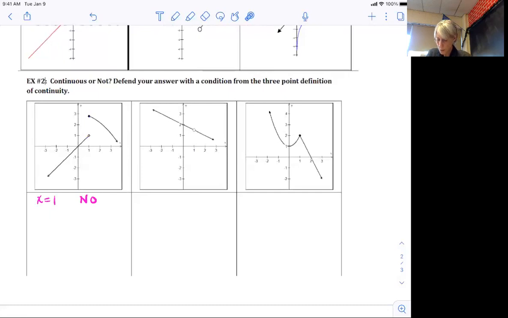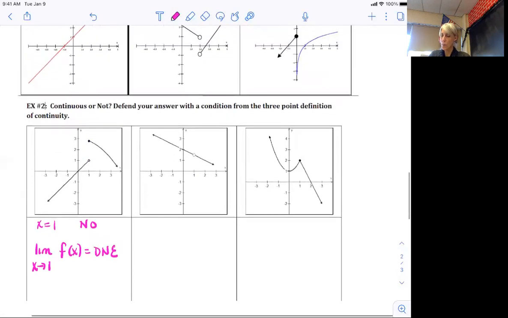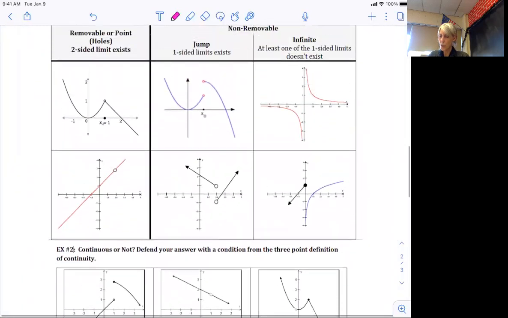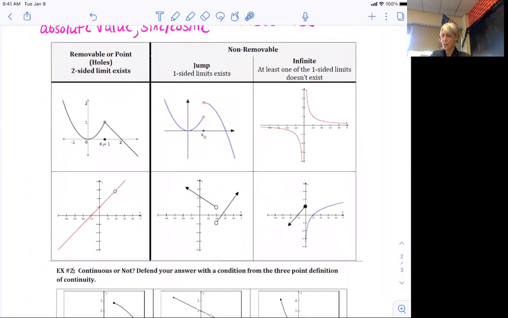So it's not continuous because the limit as x approaches 1 does not exist. If you had to describe this as removable or non-removable, which column does this fit in? This is going to be a non-removable.